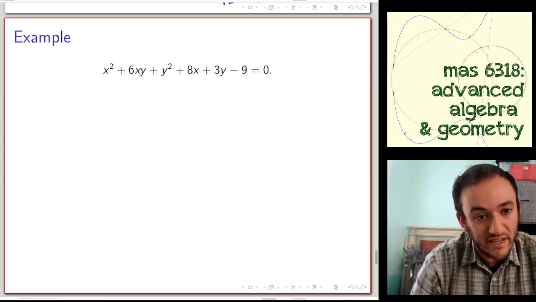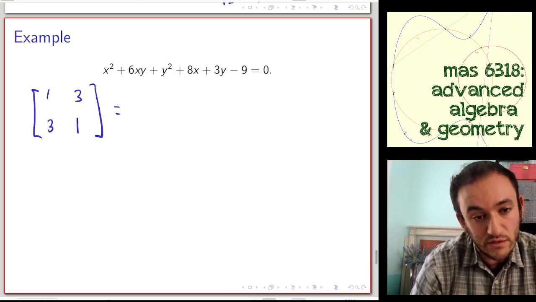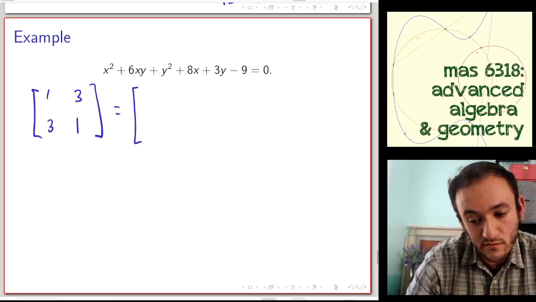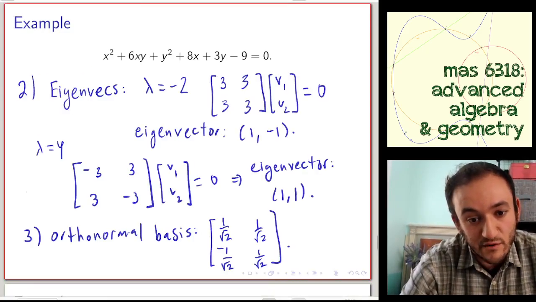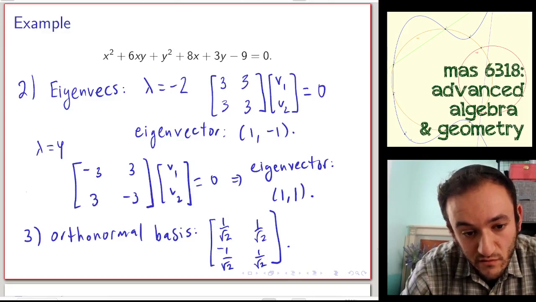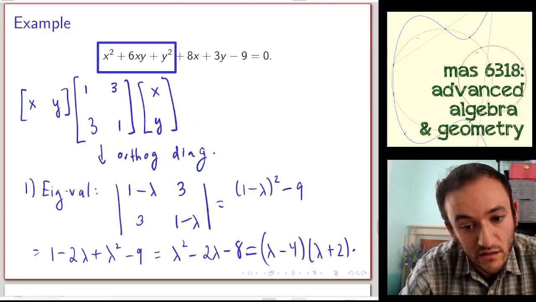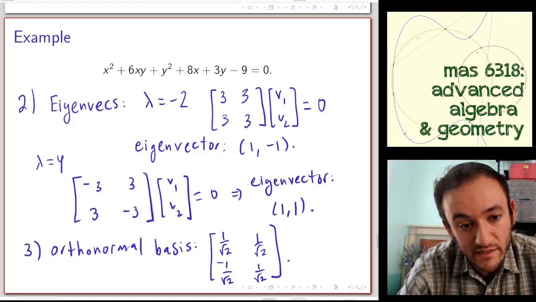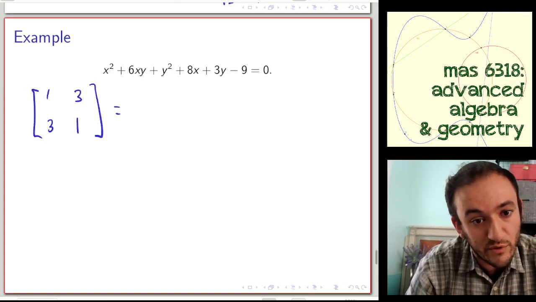So then our matrix 1, 3, 3, 1 is equal to, so we're going to have the transpose times the diagonal times the original basis for the eigenvectors. So we get, so again, it's 4 and minus 2, or rather minus 2 and 4 is the order we put it in.